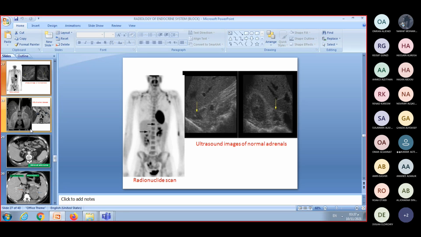Doctor, can you also use plain chest X-ray? Yeah, plain X-ray can be used. We have a specific technique called thoracic inlet.